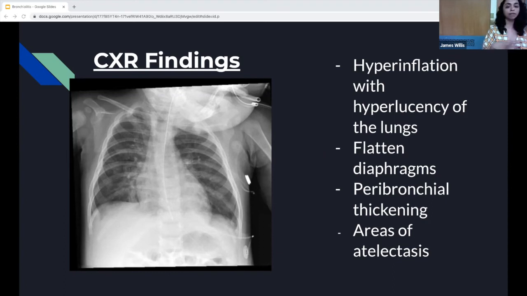In this x-ray, you have areas of atelectasis that at times can be misinterpreted as a consolidation. This happens a lot, and then you have a lot of inappropriate antibiotic use. And then when the kid gets to the floor, they have to be on antibiotics for 10 days for a viral infection. So chest x-rays, try not to use them if your clinical suspicion for bronchiolitis is high. They're really unnecessary and can be quite harmful.